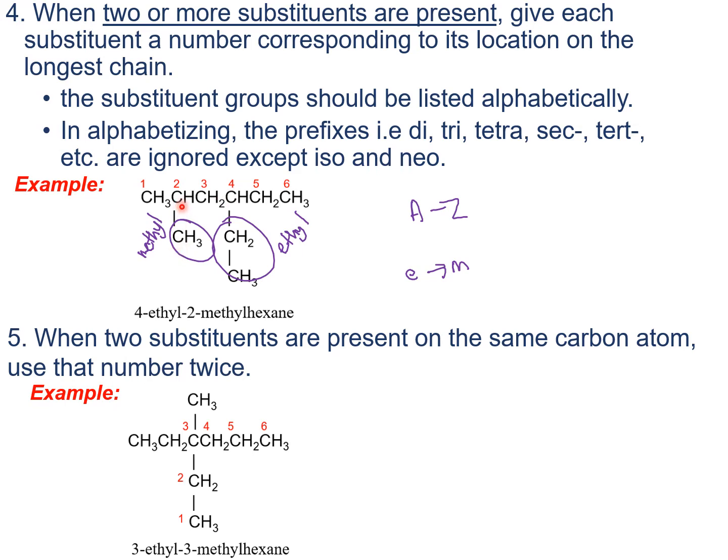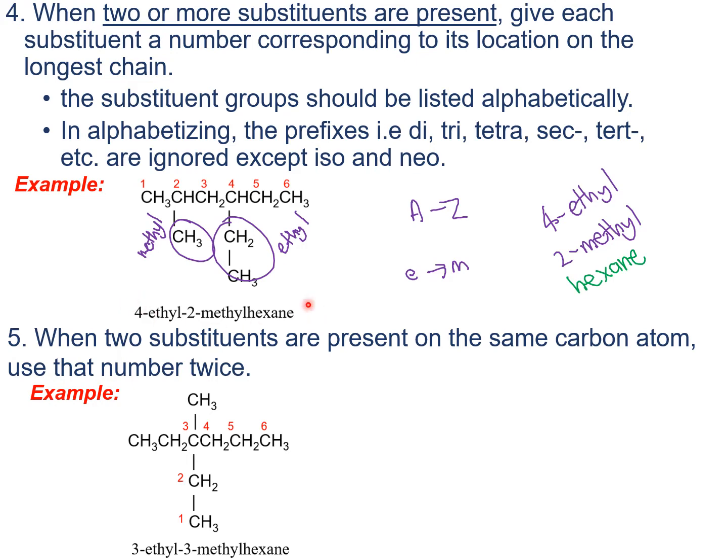Okay, so we know that bila the tips you want to build the name, you can do something like this lah. Okay, for kedudukan carbon number 4 ada ethyl, kedudukan carbon number 2 ada methyl. Okay, and then the parent's name adalah hexane. So bila you nak susun, you kena letak dulu 4 ethyl, 2 methyl, hexane.